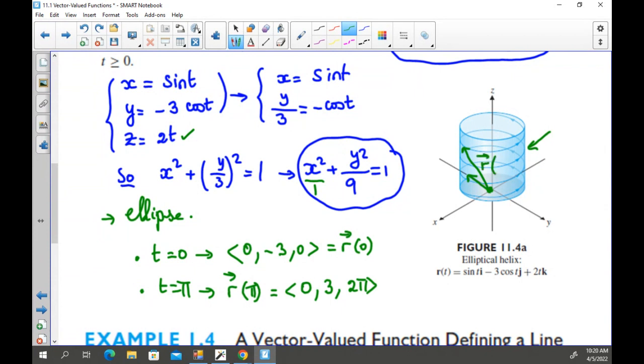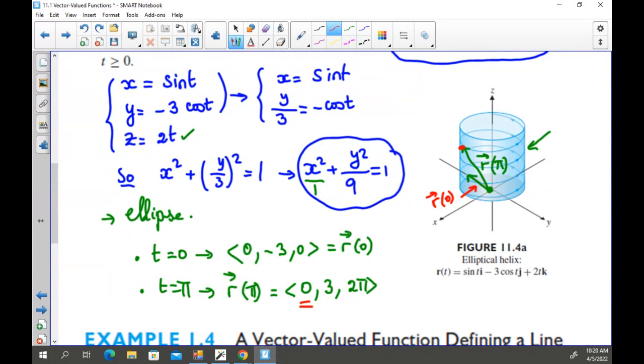R of pi. This is R of 0. Like this. That means basically 0 on the x-axis.